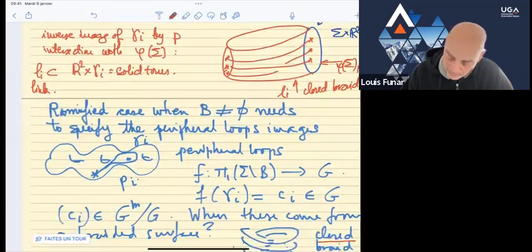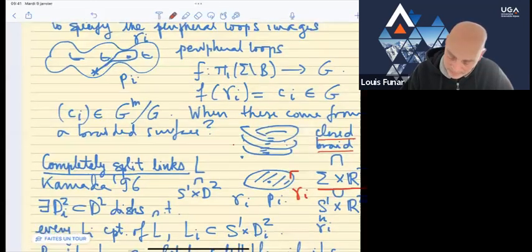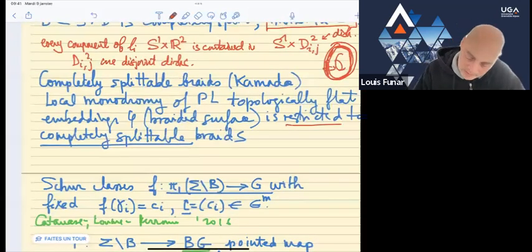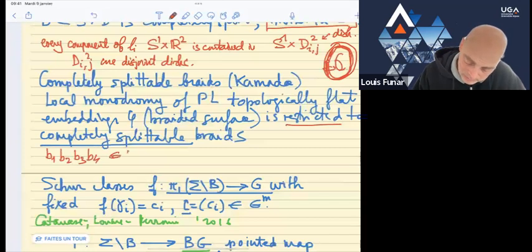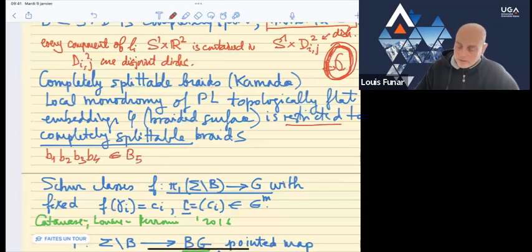Well, there are many examples of completely splittable braids. For instance, I'm using the usual braid generators. For instance, B1, B2, B3, B4 in B5 is a completely splittable braid.